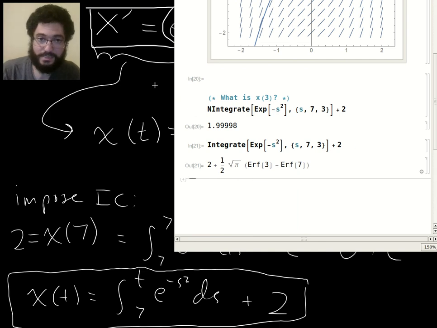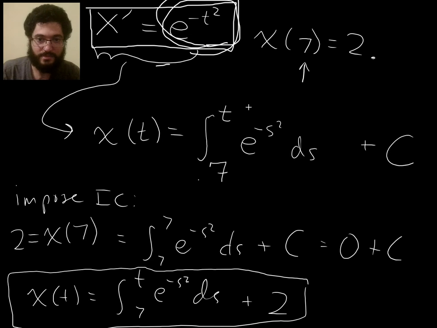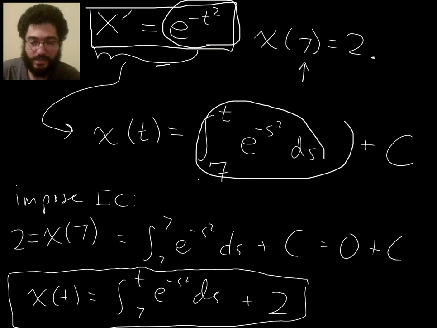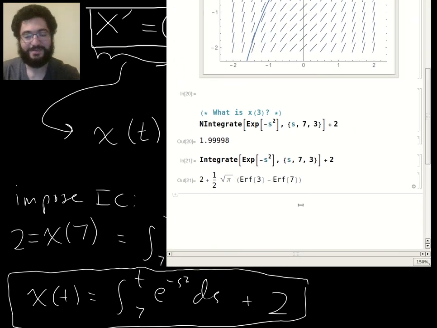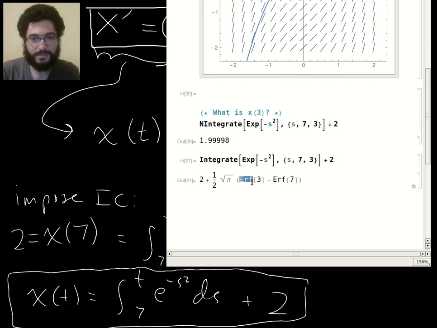Since this is quite a hard integral to actually do, you might have expected that Mathematica would say, I can't do it, or I don't know how to integrate this, or maybe it would compute forever and never finish. But no, it has something to say: something weird involving the square root of pi and this Erf object.